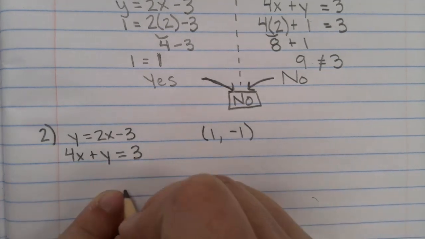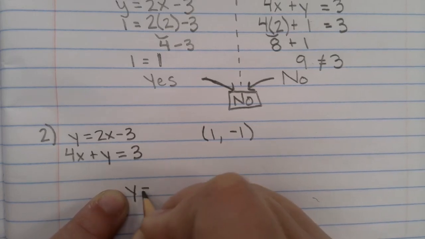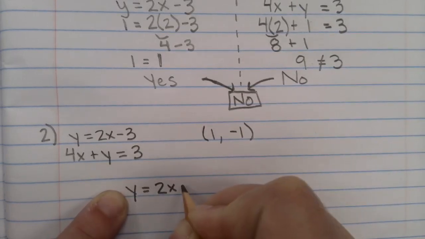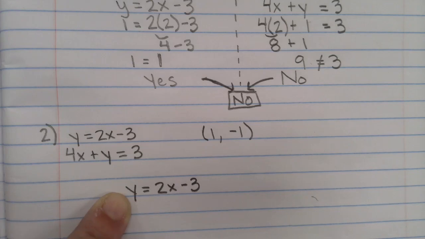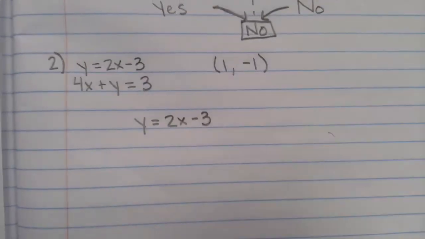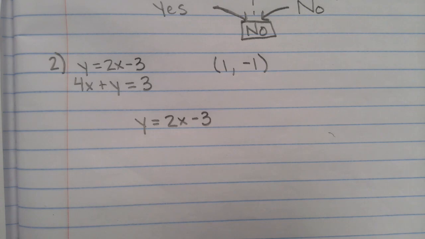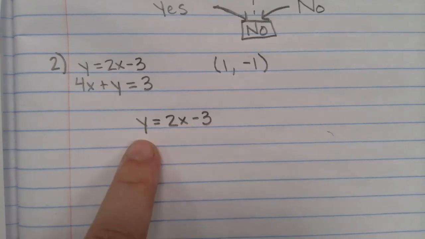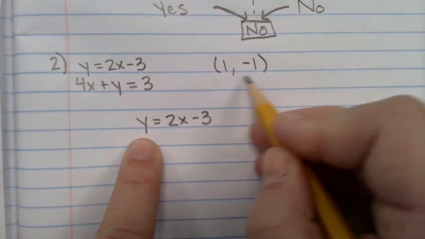All right, so let's start with our first equation. y equals 2x minus 3. We're going to put in the x and the y that we have in our solution here. So what's going to go in for my y? Which part of this is the y?